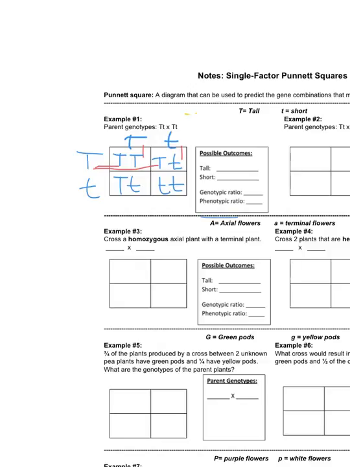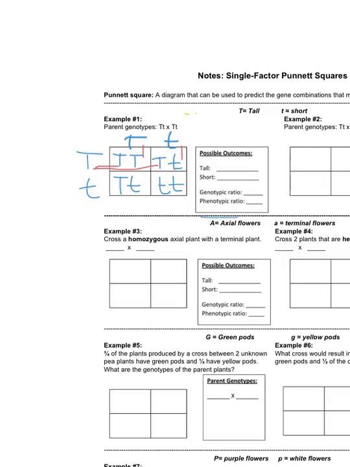Okay, so I'm all finished up here, but let's review some vocabulary that you really need to know, especially when it comes to word problems. The first vocabulary term we need to talk about is genotypes, within this offspring. Genotypes are the letters that are used to represent their genes.